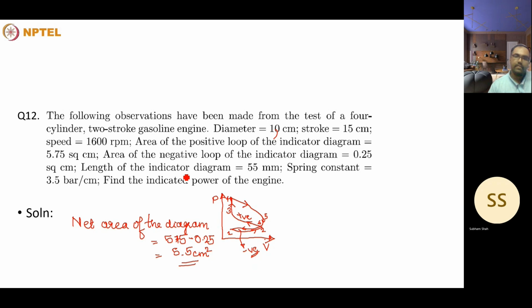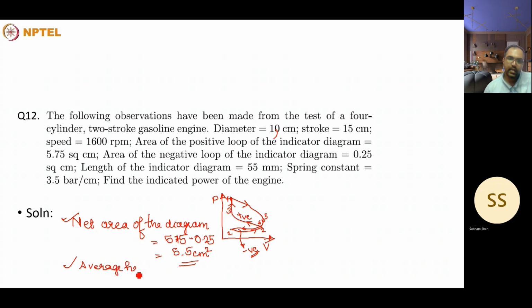And if you have to calculate the average height of the diagram, we have calculated the net area of the diagram. And next we have to calculate the average height of the diagram. How to calculate the average height?